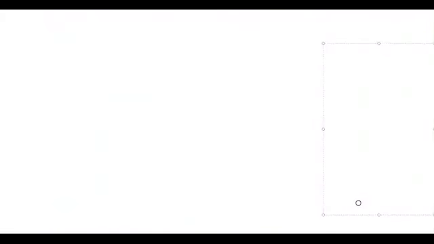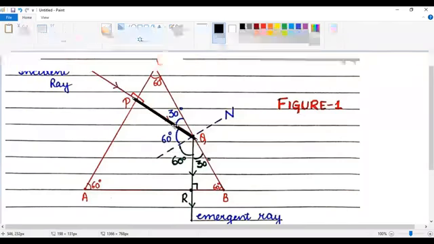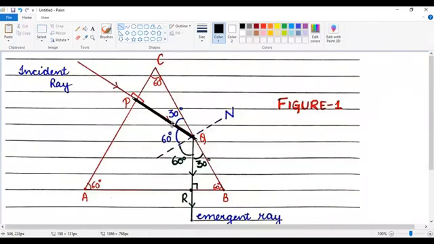Now students, see figure number 1 in case of prisms. The first ray is striking at point P and this ray is a normal incidence, such that the ray will continue to move further in the same direction.